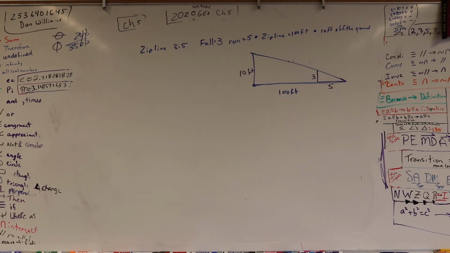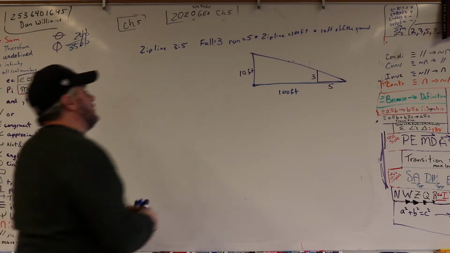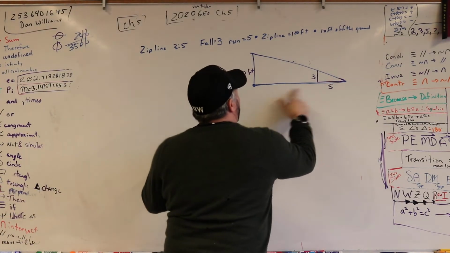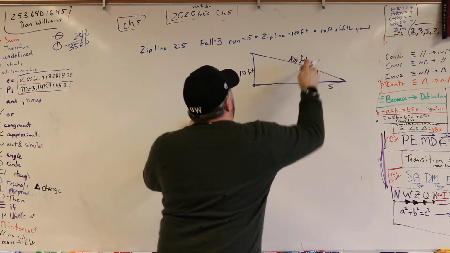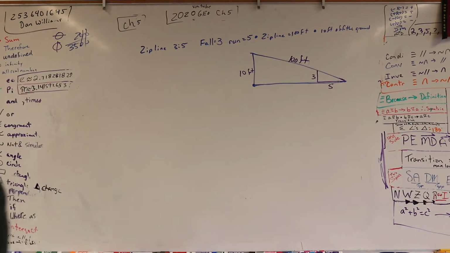Give a linear equation for the zip line. How high do you need the zip line to be attached? How far is the base of the end of the zip line away from the start of the zip line? So, they are saying that this length is 100 feet. Okay, this sounds really weird.